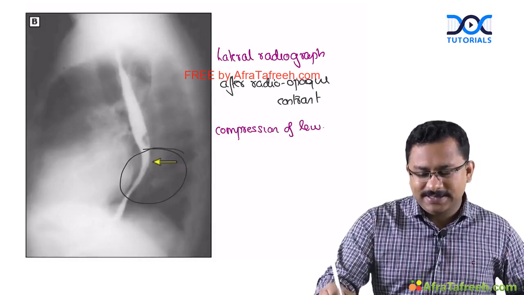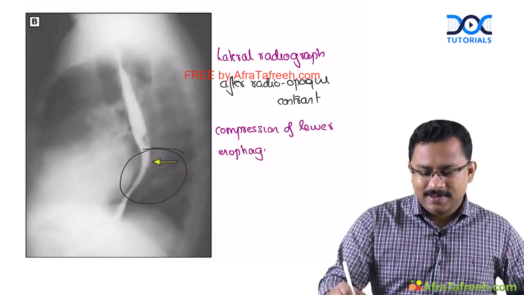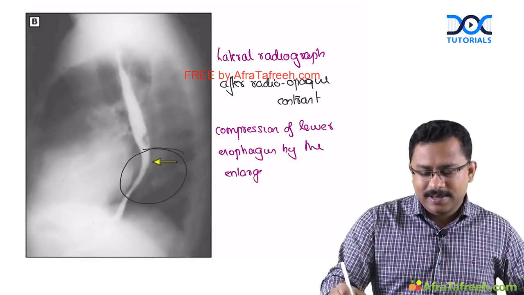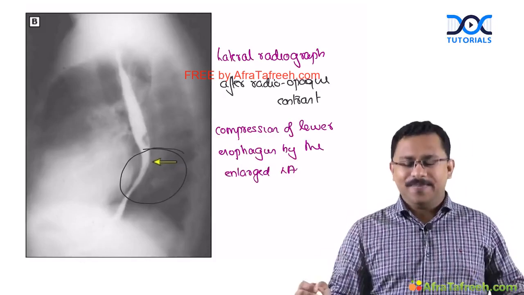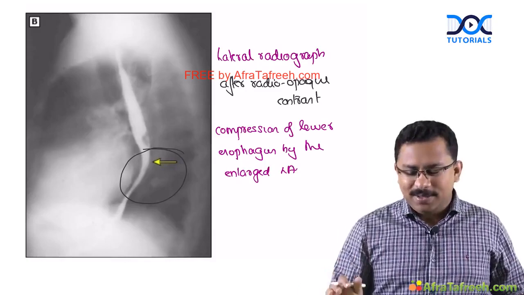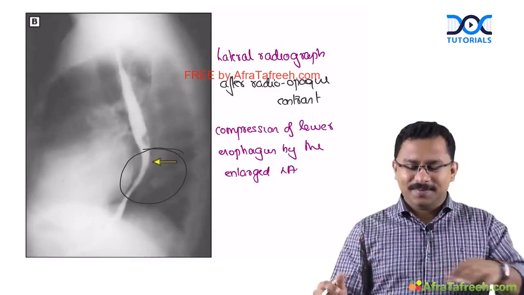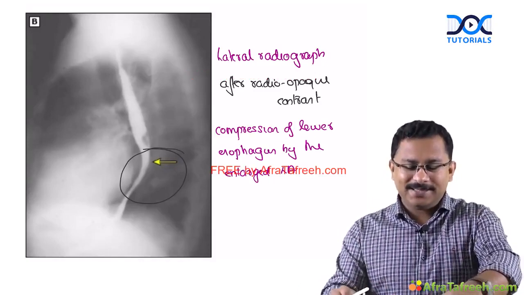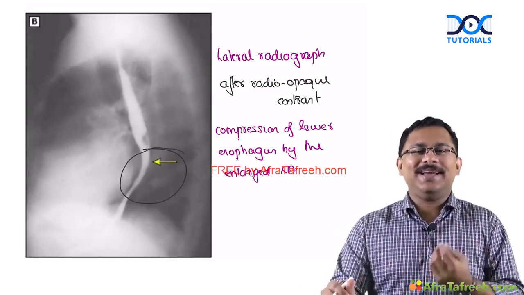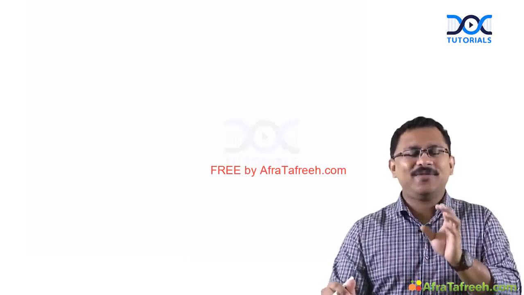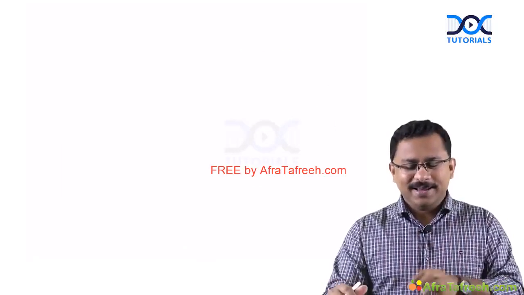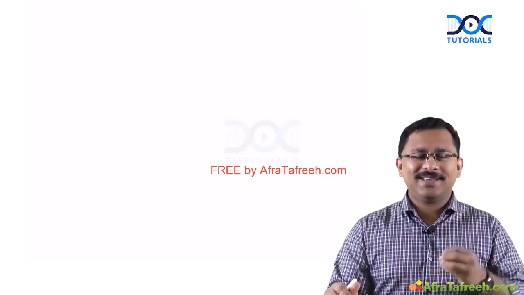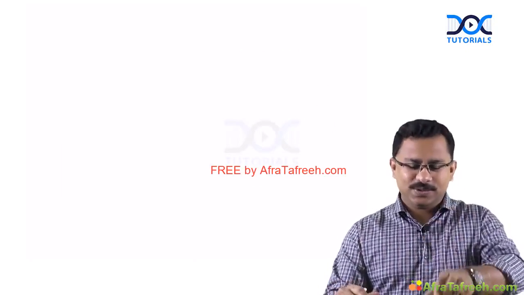So that is also an important radiological finding. I hope you are very thorough with the radiological findings of mitral stenosis. This is again very important. Often in exams they do ask questions based on the radiological findings in mitral stenosis.